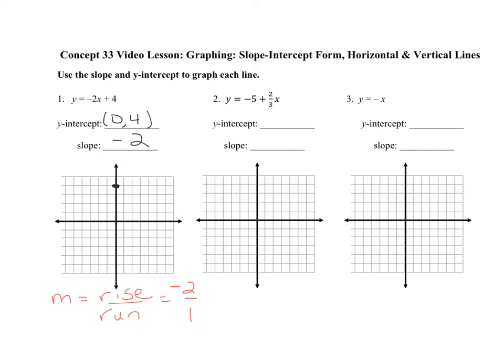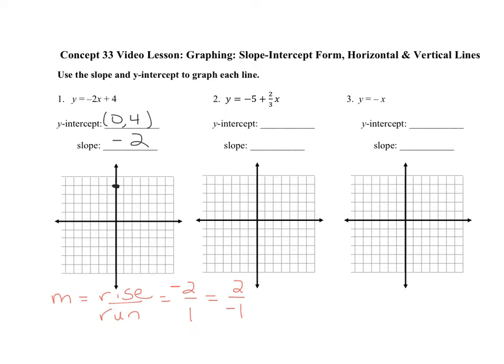So my rise has to be -2 in this case, and my run has to be 1. But I also want to remind you that the negative sign in an unsimplified fraction could have been on the bottom. So -2 could also be written as 2 over -1. All of those fractions are equivalent to -2, right?